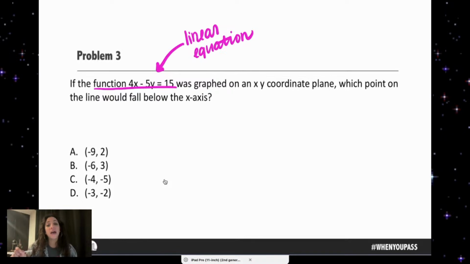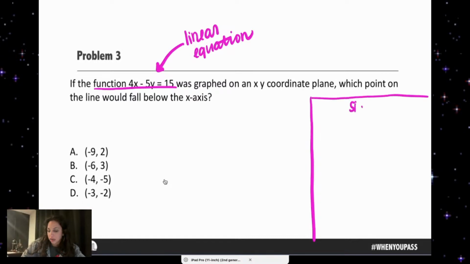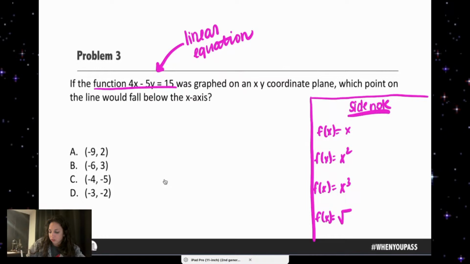You have to be able to recognize if you need to understand functions, and I'm going to do a little side lesson over here. So this is like a side note. f(x) equals x. f(x) equals x squared. f(x) equals x cubed. f(x) equals the square root of x.